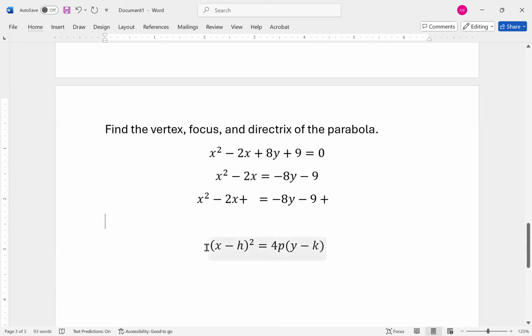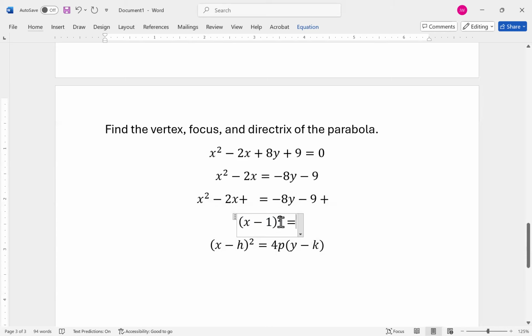Now, I know I want my perfect square to be (x - h) squared. At this point, since the coefficient of x squared is 1, I take the -2 and half it, and I get (x - 1) quantity squared inside there.